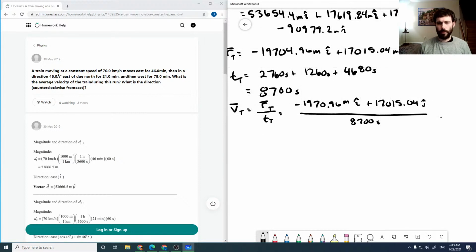And so then my total velocity vector comes to minus 2.265 meters per second I-hat plus 1.956 meters per second J-hat.